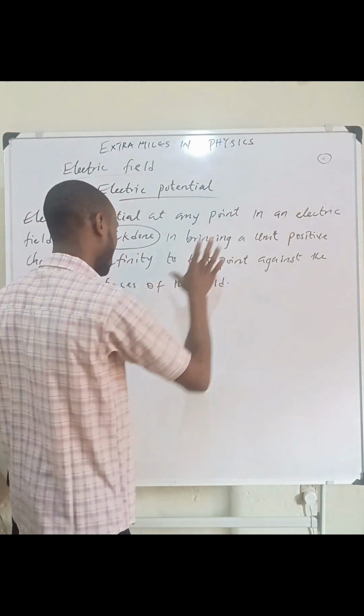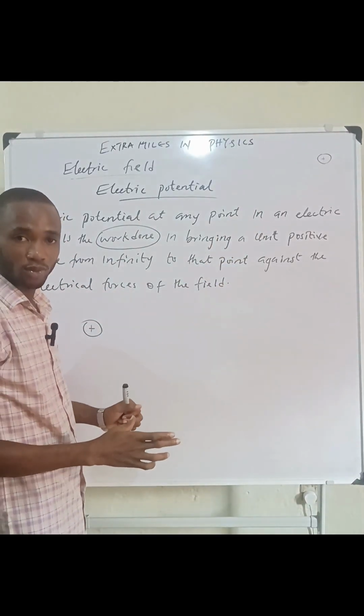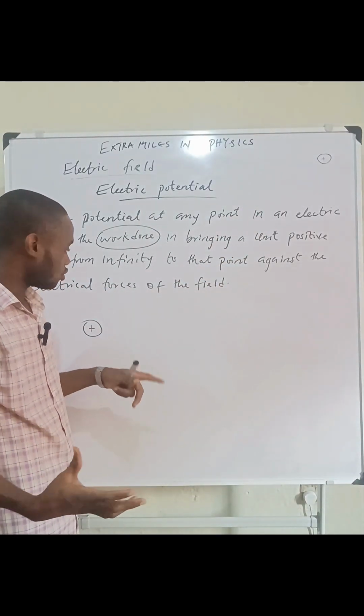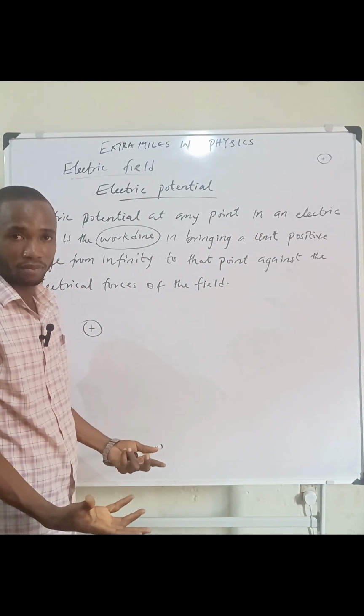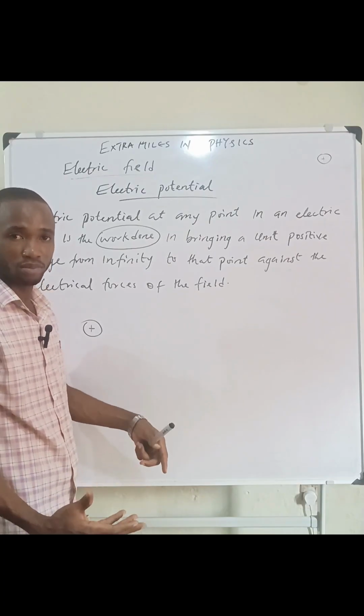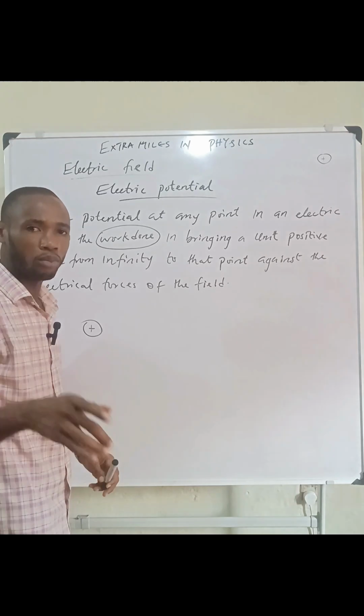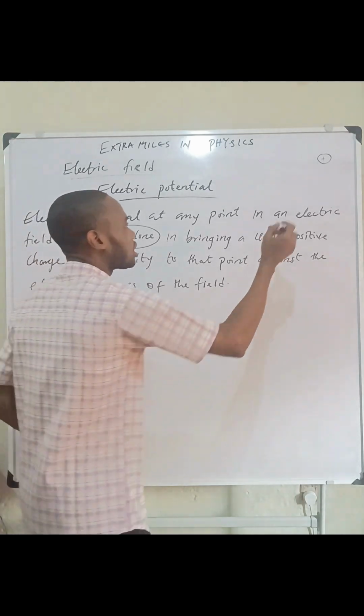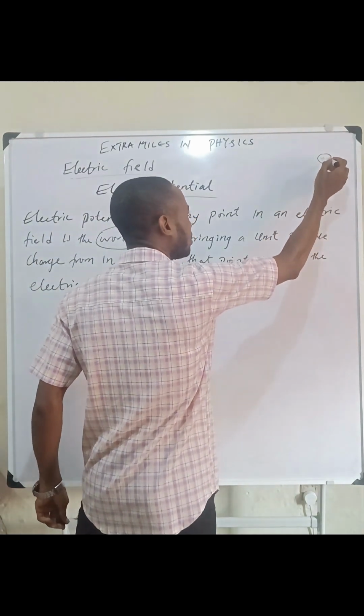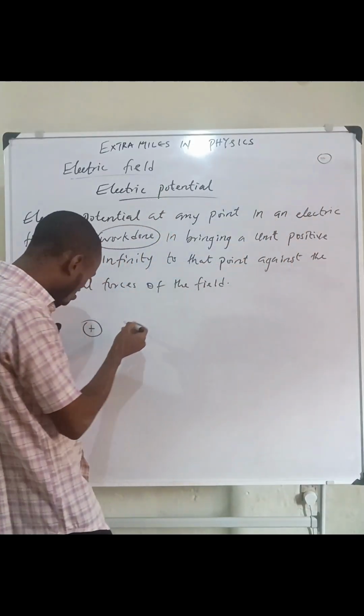But if the distance of separation between them is too far, it will be as though there is no repulsion. Are we together? The force between them is seemingly zero.